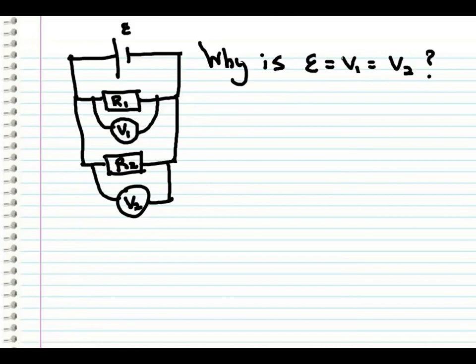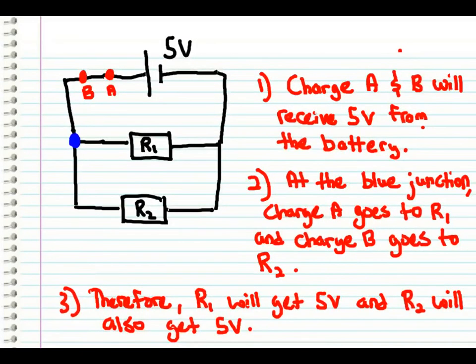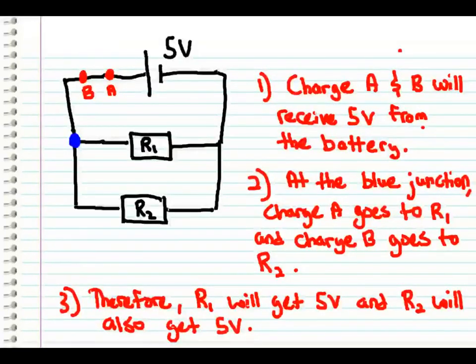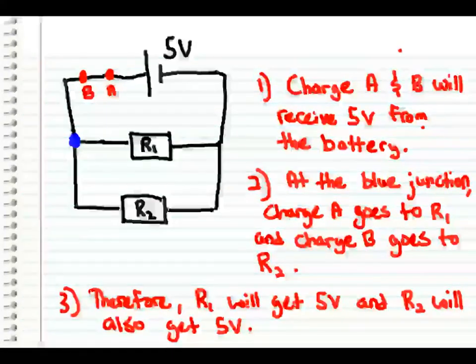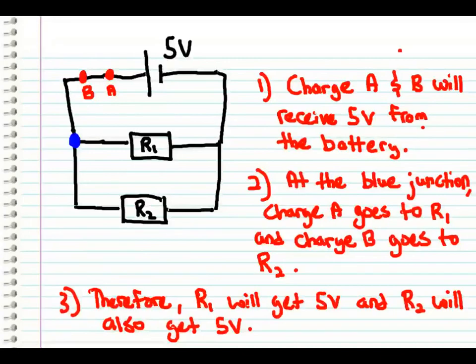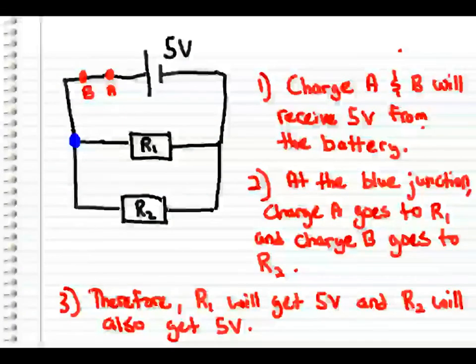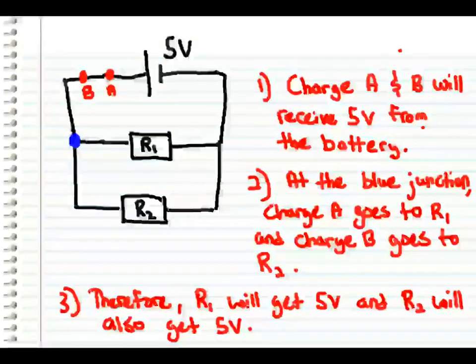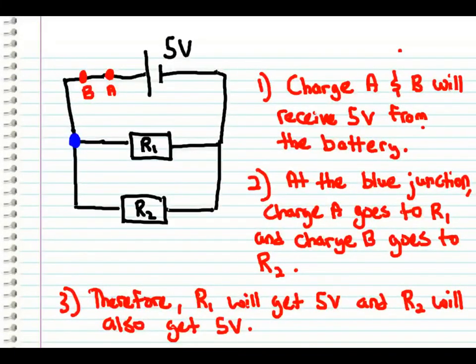Now, are you wondering why V1, V2 and the EMF are all equal? Now consider 2 charges, charge A and charge B, from the battery. They will receive 5 volts from the battery, and then when they travel to the blue junction, charge A will go to R1 while charge B will go to R2.